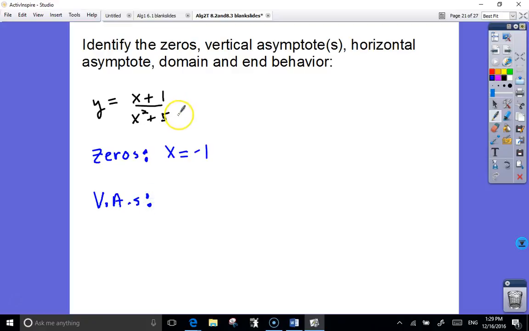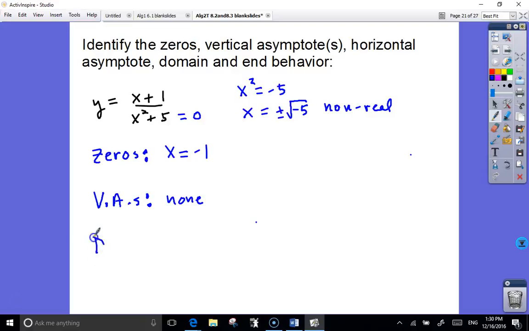We need to set the denominator equal to 0. And what are we going to find? Non-real solutions, so it can't be on your graph. So there are no zeros in the denominator. So you say none.